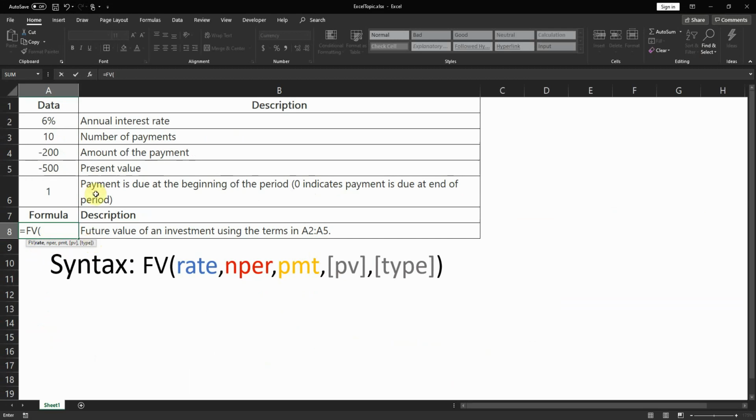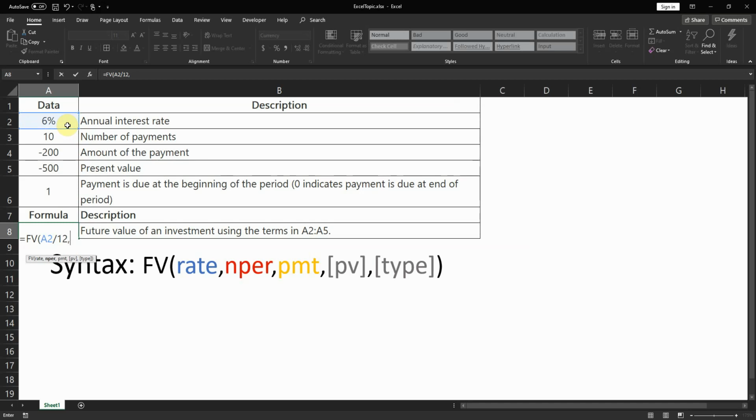So the rate is 6%, and since we are going to get the future value, we need to make sure that we are consistent with our units. The payments are made monthly, so we need to have the interest converted into monthly as well. So we have to divide this by 12 months, same as what we did in the PMT function.